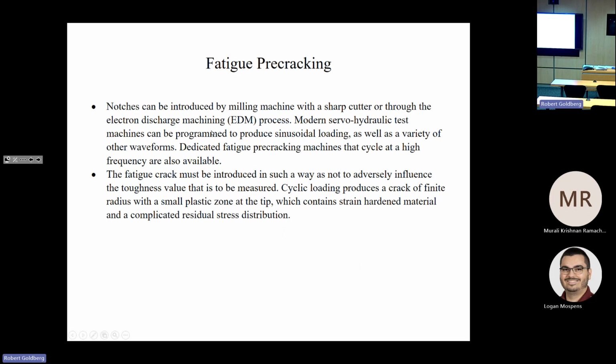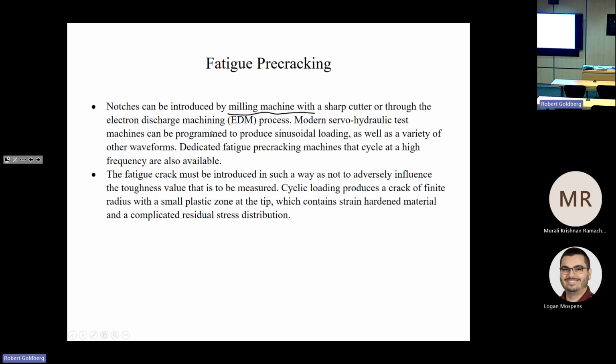So, as we talked about, you can introduce notches by milling machines with cutters or through other machining processes. And then modern day servo hydraulic test machines can be programmed to produce sinusoidal loading as well as other types of fatigue loading. Also available are dedicated fatigue pre-cracking machines that cycle at a high frequency.